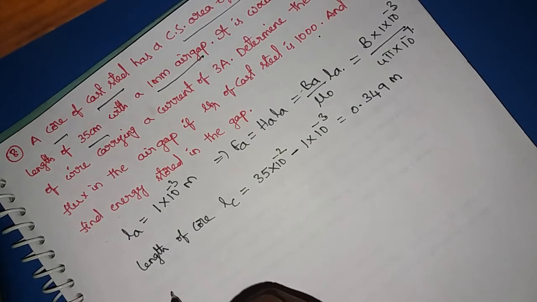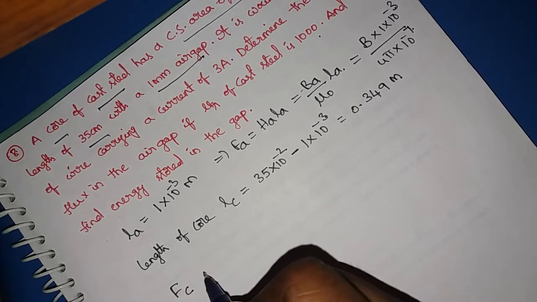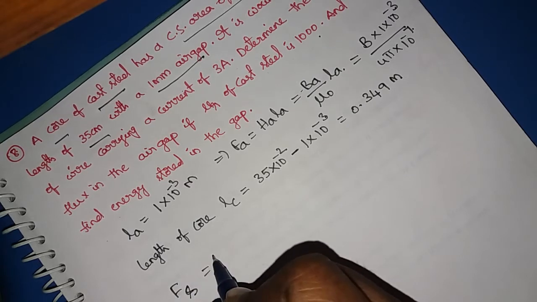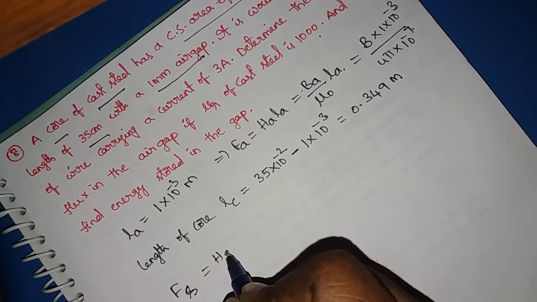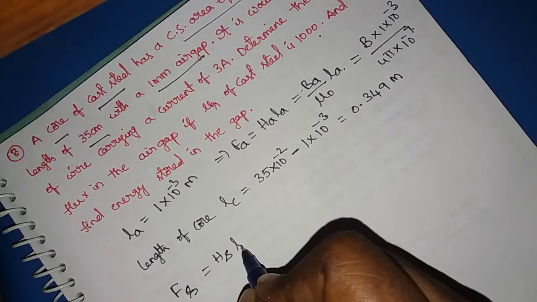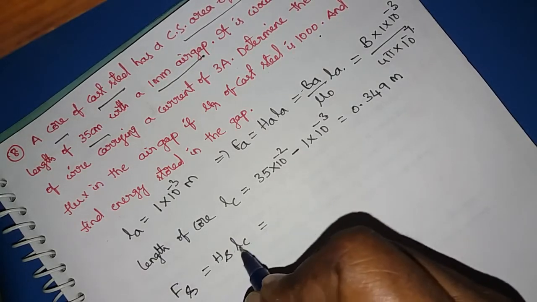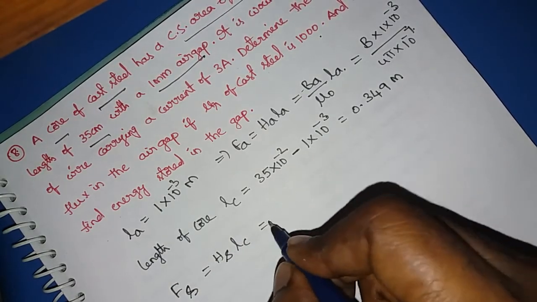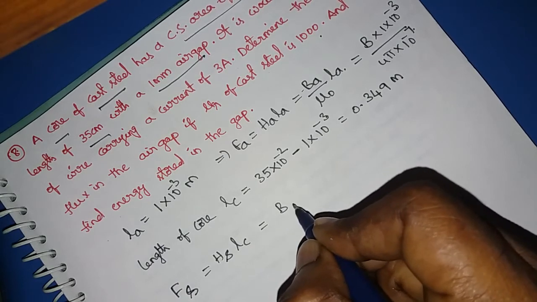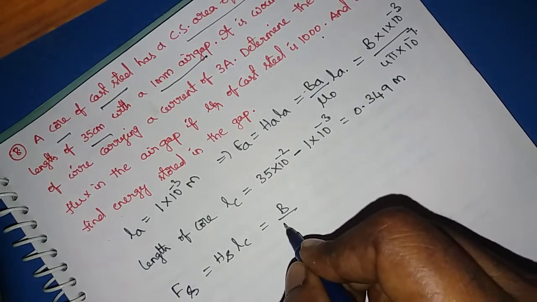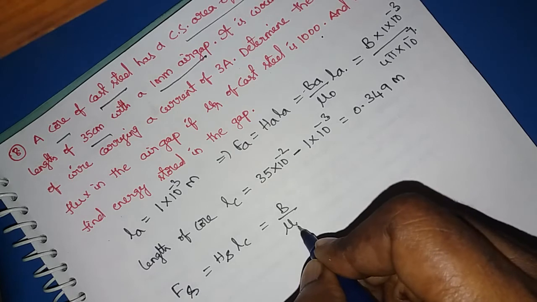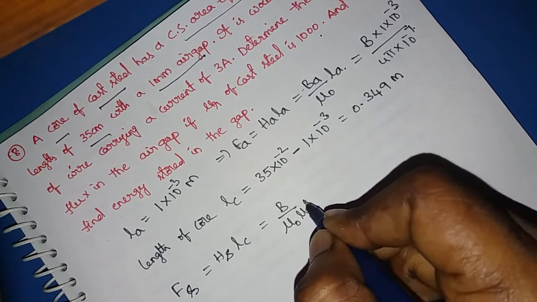And here how much F, that is MMF, is required in the steel core? Which is given by FC, the steel core, Fs is equal to HS into LC. HS in the sense B divided by mu naught into mu r, into LC.